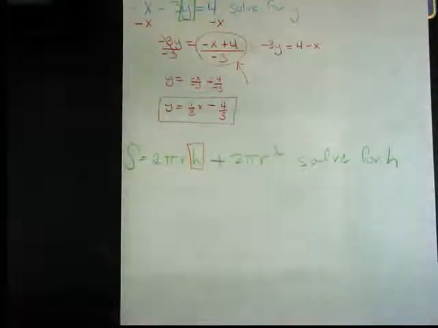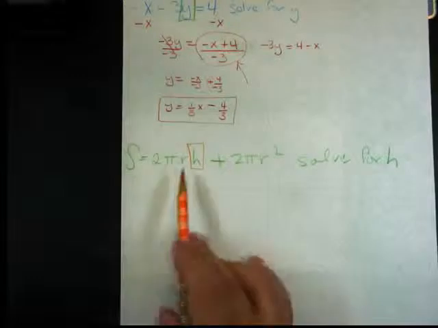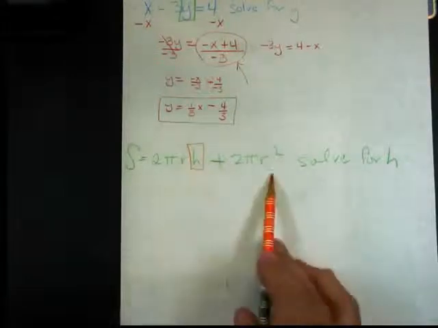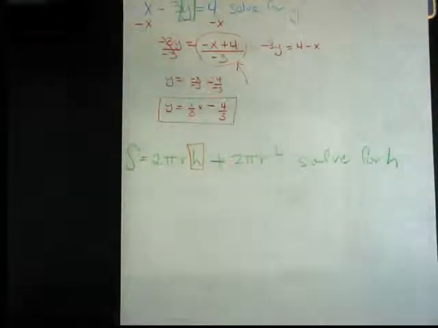That means I need to get rid of everything else that is on the same side as h. There are no parentheses, there are no fractions, so that's good. When I look at combining like terms, I don't have like terms. I have 2 pi r here, and I have 2 pi r squared on the other one. Those are not alike. The exponent changes them. Therefore, I can't just combine them.